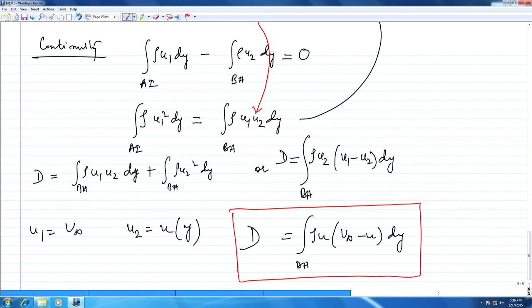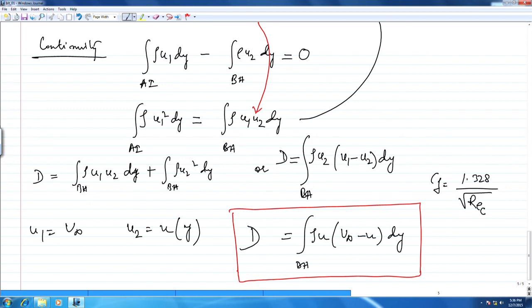The only relationship is that when we wrote the skin friction drag for a laminar boundary layer, it was 1.328 by root Re chord.